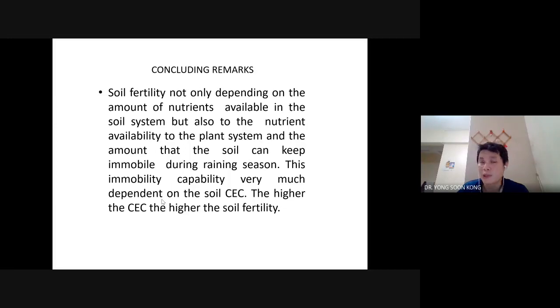Frankly speaking, we don't put clay. Once again, clay is not something we add into the soil, but instead we use a simpler method by just adding organic matter. You add organic matter, CEC will come back by itself. Well, there's one more thing that you need to do, which is unavoidable, which is liming.